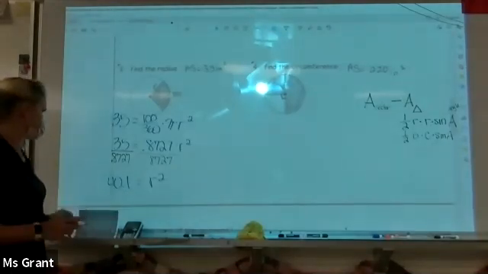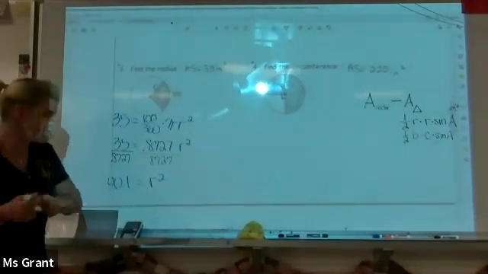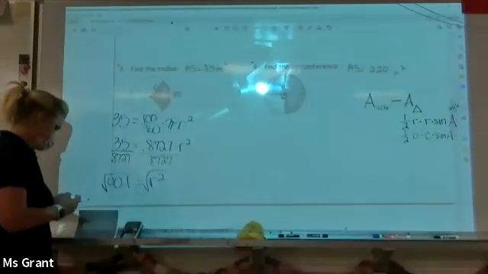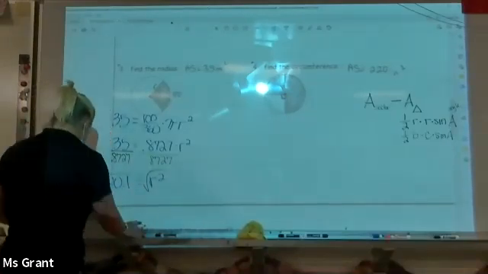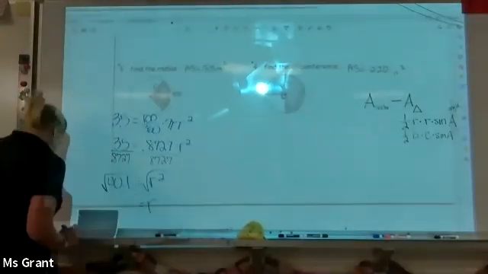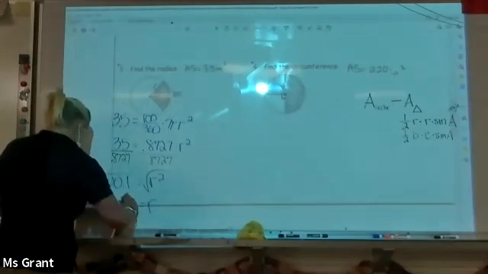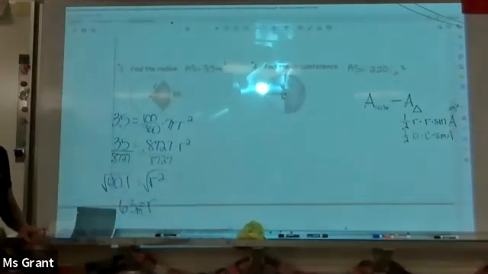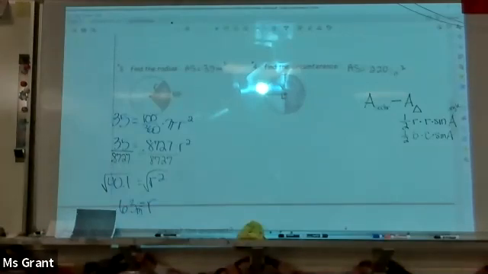You want to do that. Square root both sides, yes? R equals, did you get 6.3 meters is my radius? That's how long my radius is.